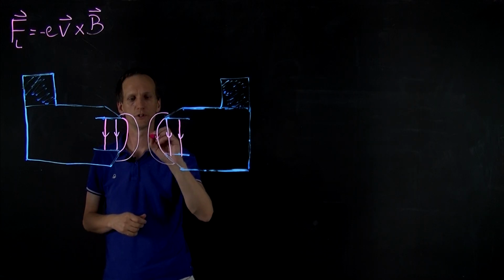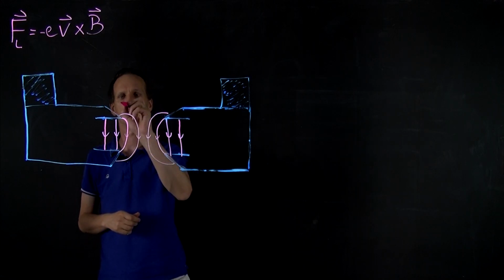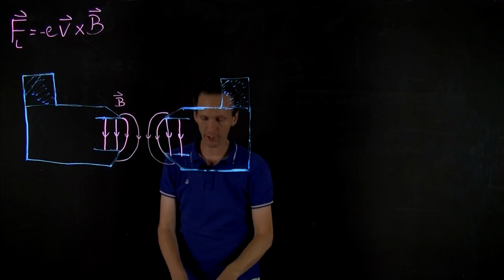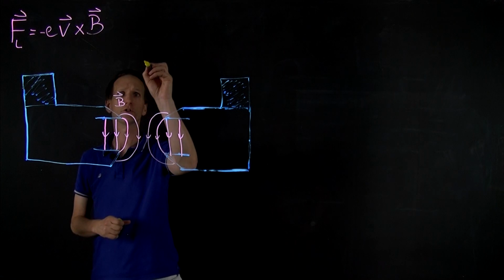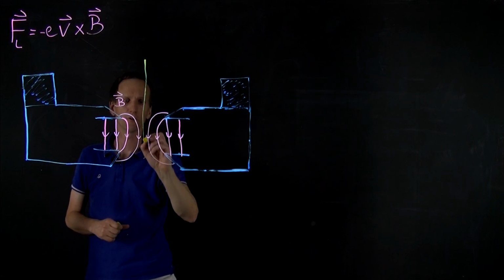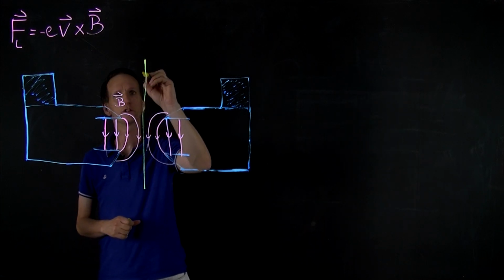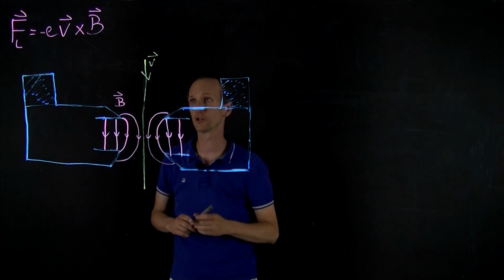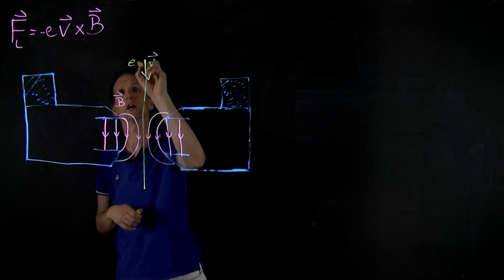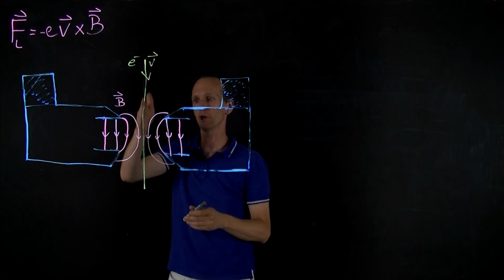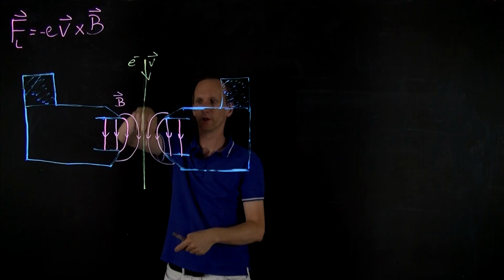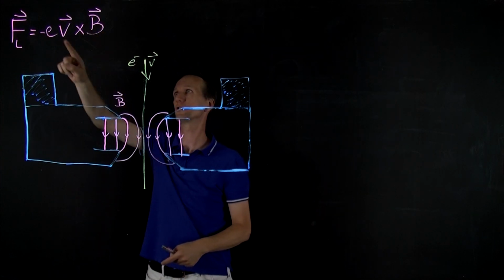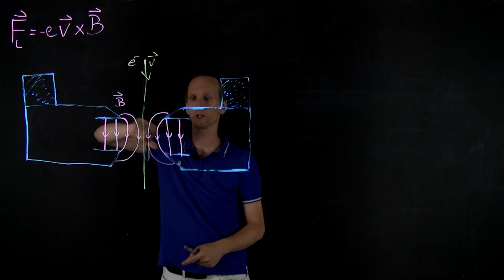All this is our magnetic field B. Now we can already see that if an electron passes through here on axis, so this is the velocity direction of the electron beam, these are our electrons, the magnetic field is oriented in the same direction as the velocity, which gives us a zero for the force that is being exerted.